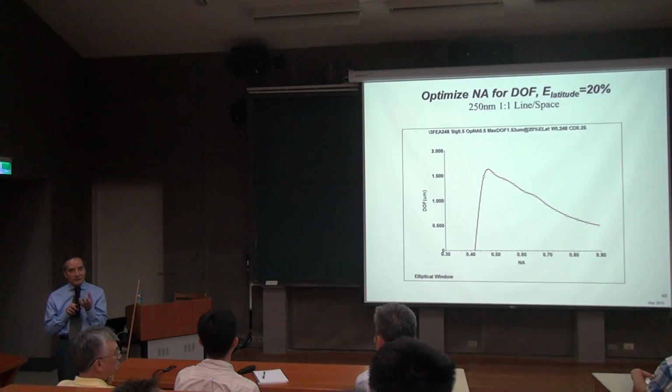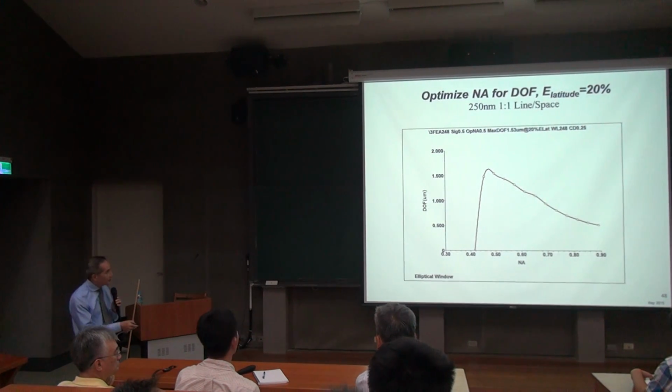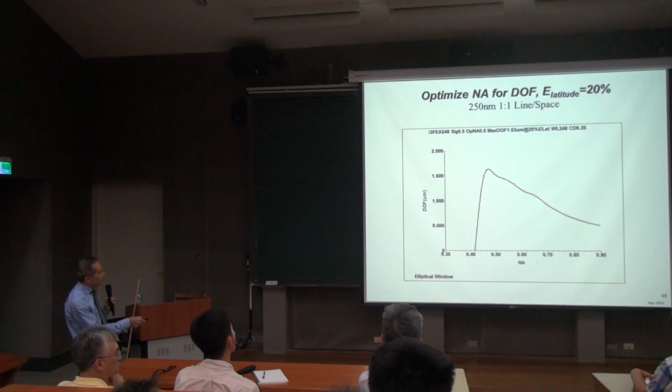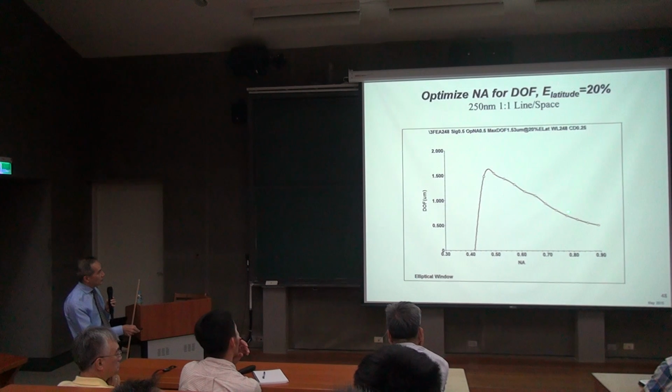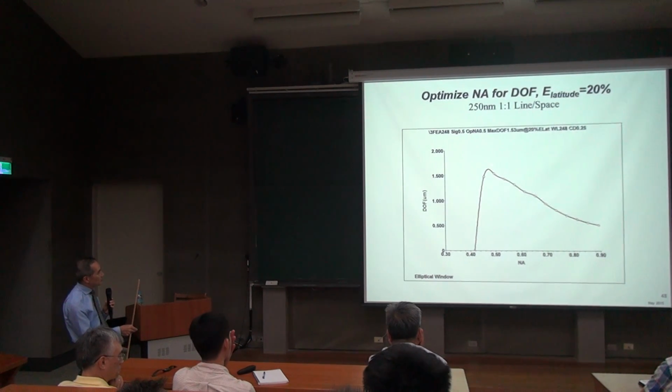But actually, that's wrong, because if we use higher NA than we need, we lose depth of focus. Even if you push very hard for very high NA, you tremendously lose your depth of focus. So it has to be somewhere in this region.